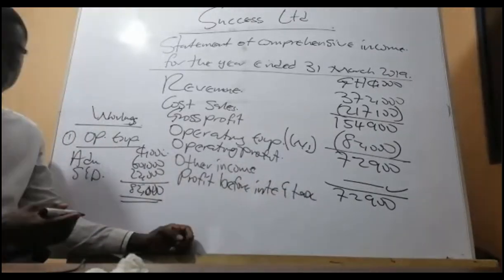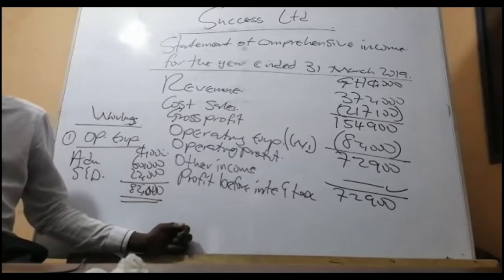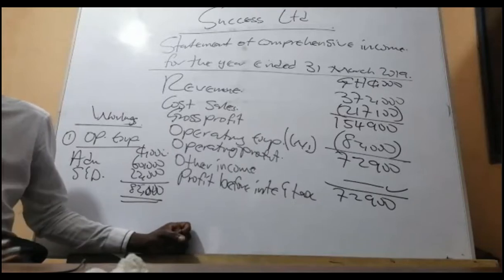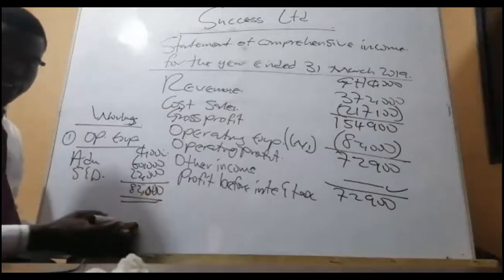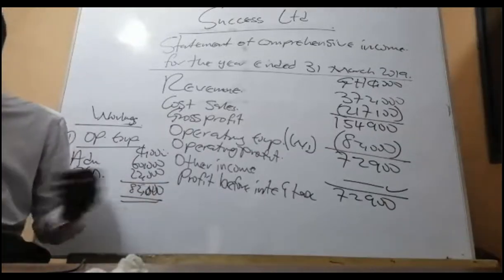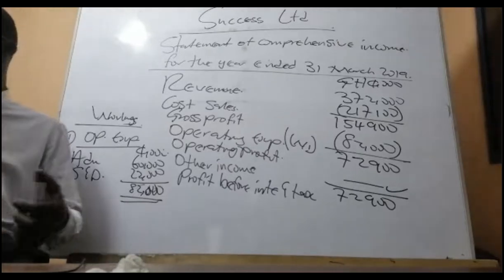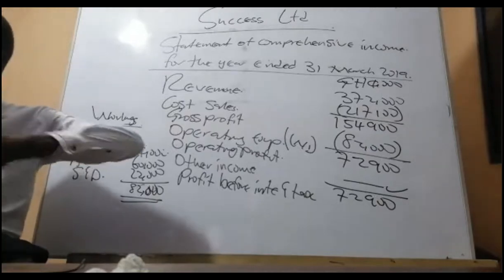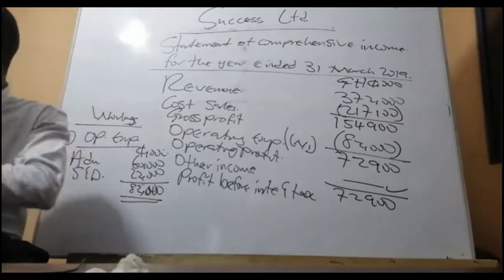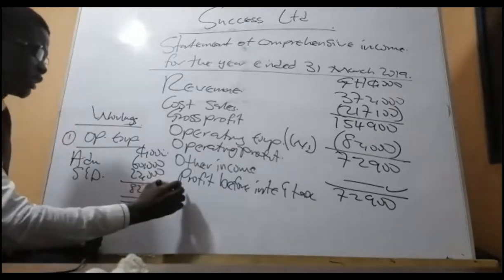So this profit is before interest and tax. So what's the next item? The next item is the interest. And what's the technical name for the interest? Finance cost, yes, or finance charge. They are the same. Finance cost, finance charge, or interest expense. If I decide to use interest, you're also correct. It's not wrong at all. Good. Now let's see. Finance cost.